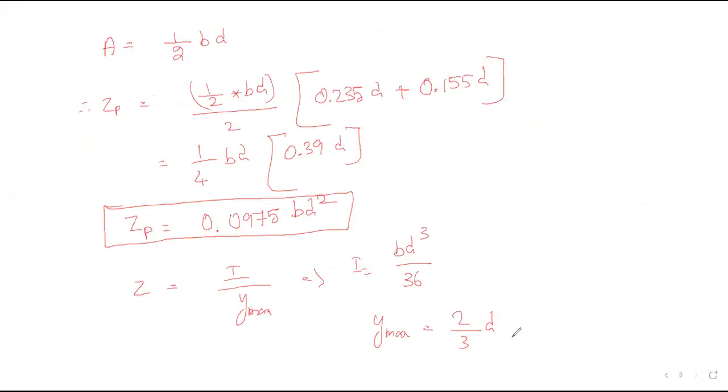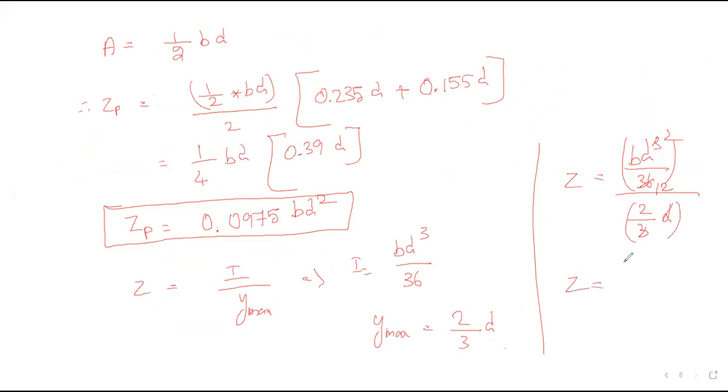So if I substitute this, then Z is equal to I by Y max. So BD cube divided by 36, the whole divided by 2 by 3 times D. So D squared, and 3 into 12 gives 36, so Z becomes BD squared divided by 24.